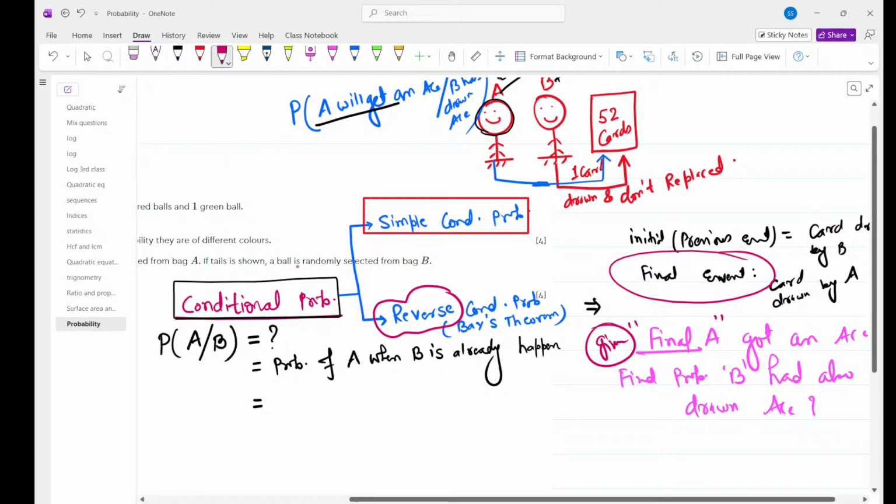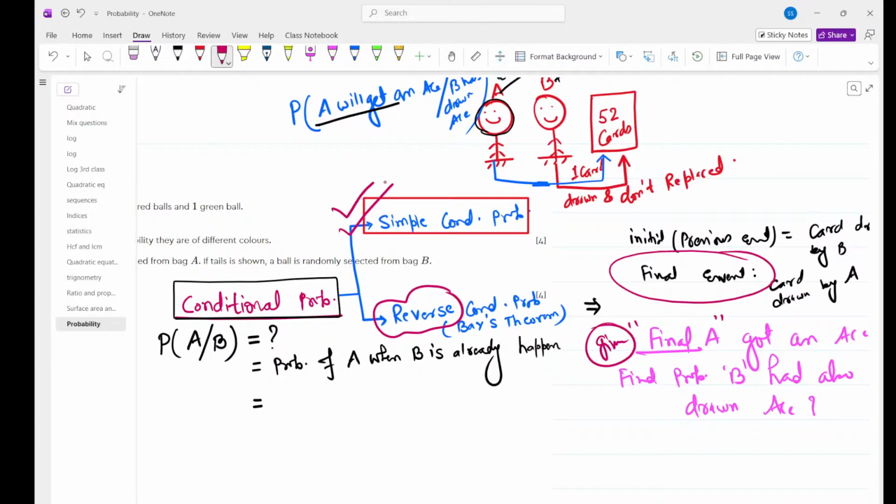Most probably, in your conditional probability questions, you will encounter simple conditional probability only, because reverse conditional probability will be for AS and A level. Simple conditional probability is from year 10 and year 11.